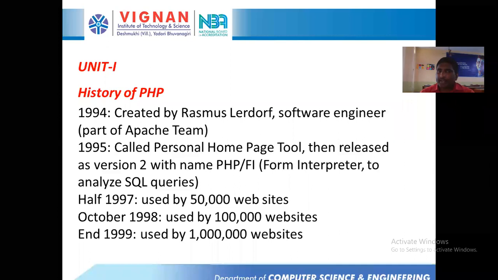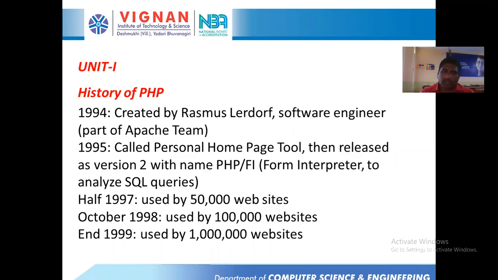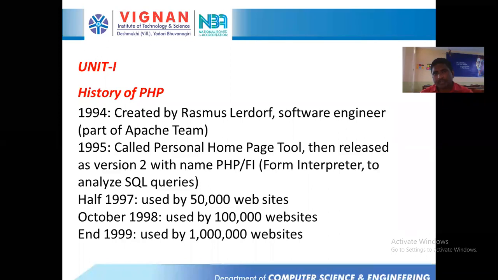In 1998 it was used by 1 lakh websites, and by the end of 1999, almost 10 lakh websites. Nowadays almost all applications use PHP to create dynamic content on the server side. So this is the history of PHP.